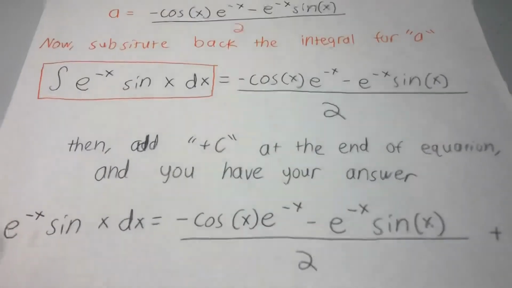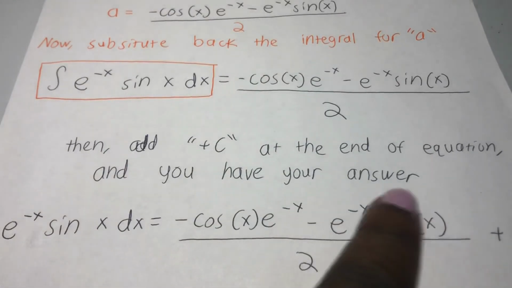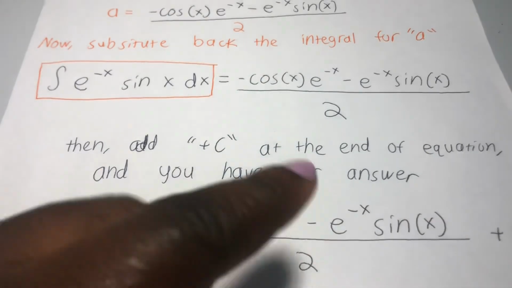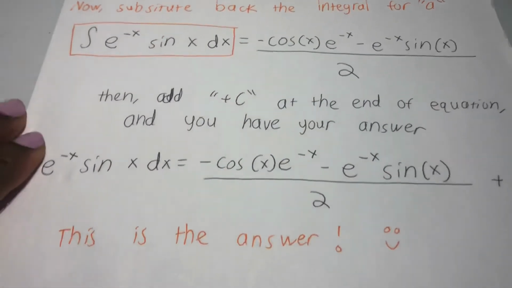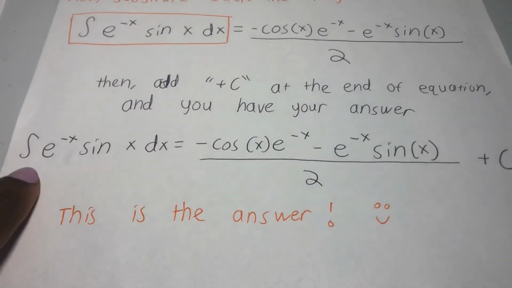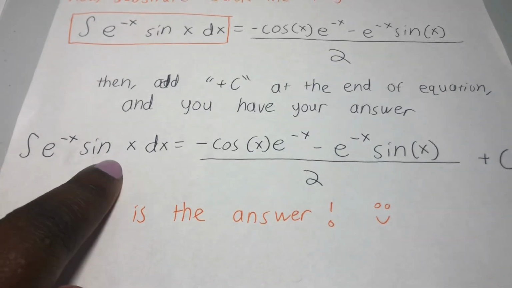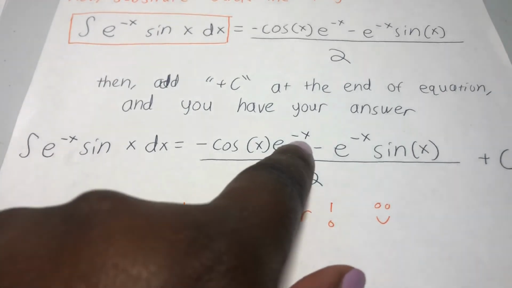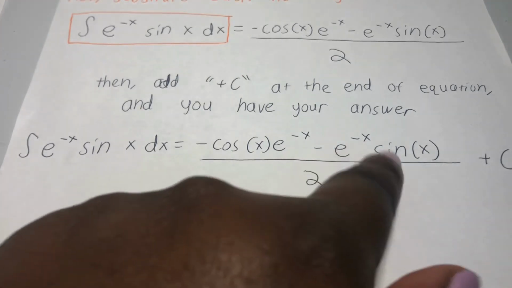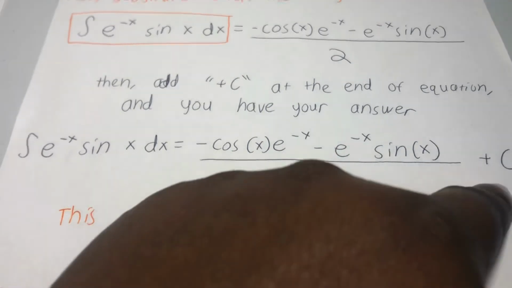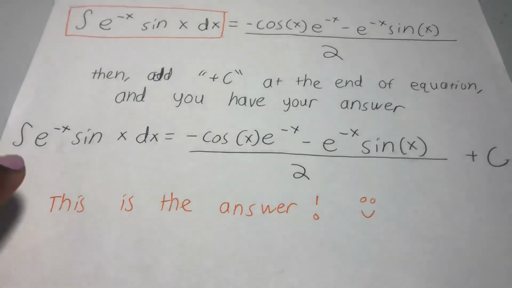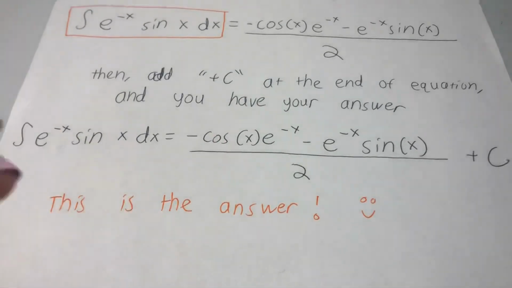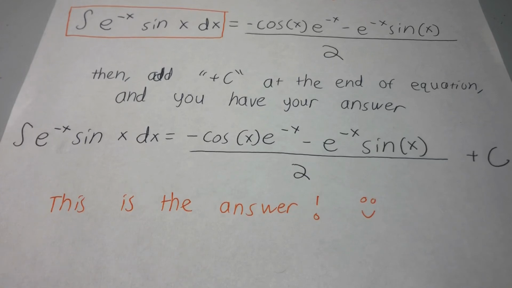So the answer to the integral of e to the negative x sine x dx would be, once again, negative cosine x times e to the negative x minus e to the negative x sine x, all over 2, plus c. That's how you would solve a problem that is going to have multiple iterations with integration by parts.